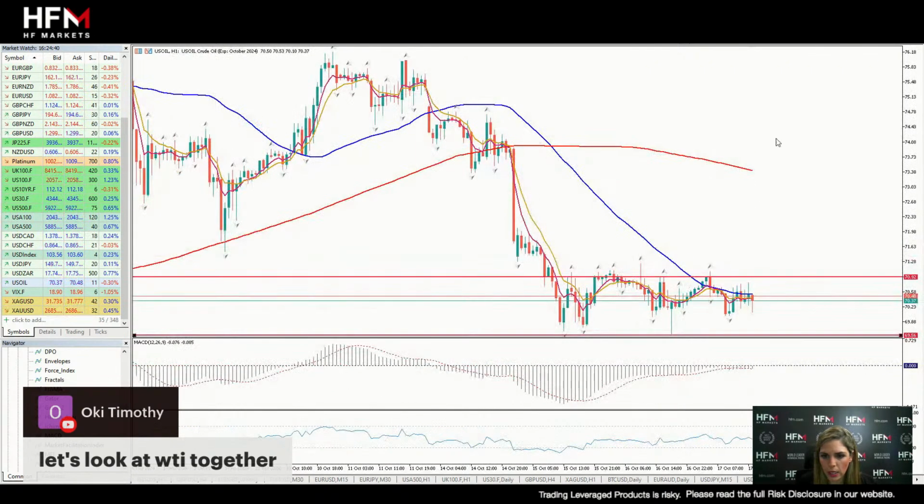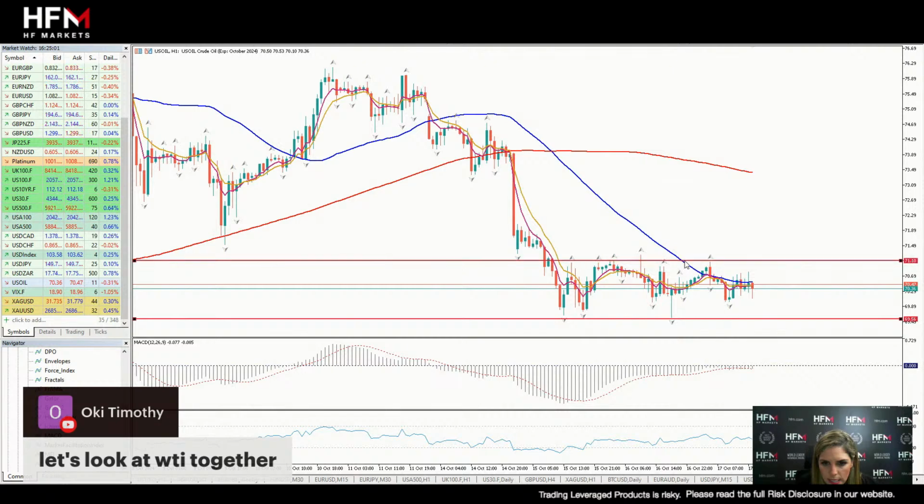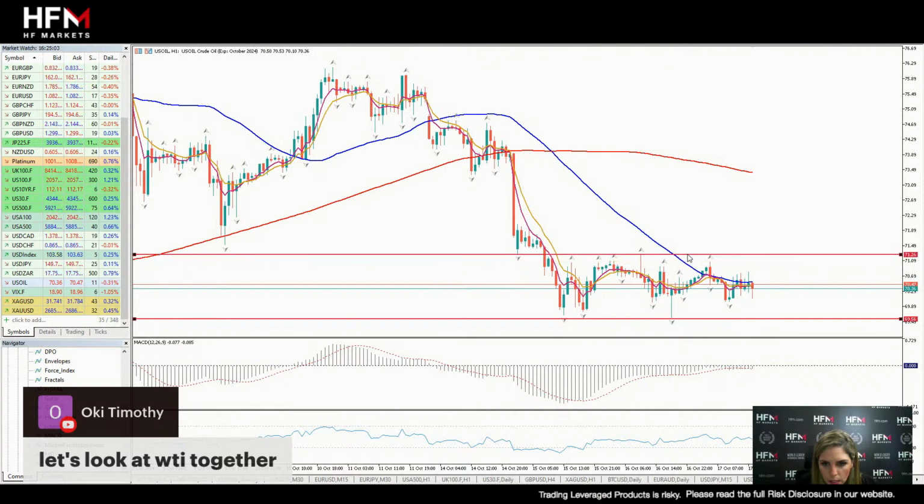So if I zoom in, you're going to see that the last 2 days are steady, around 70 dollars. So you need to keep an eye on this range, with the support coming at the 69.50 level, and resistance, I'm going to put it over here, at 71.30.